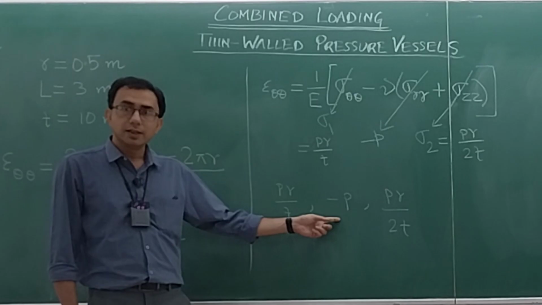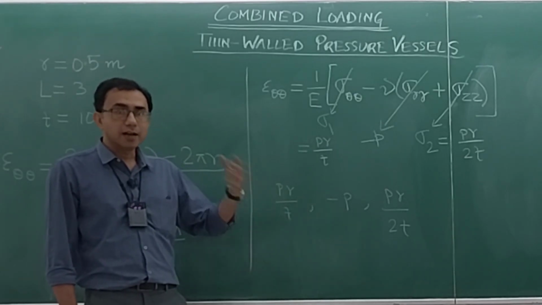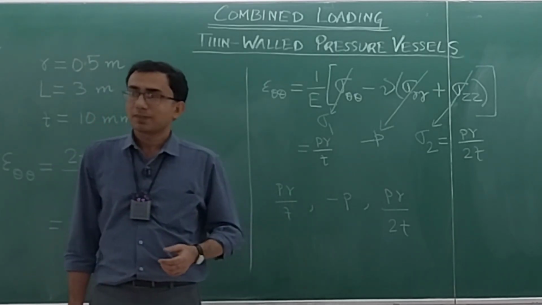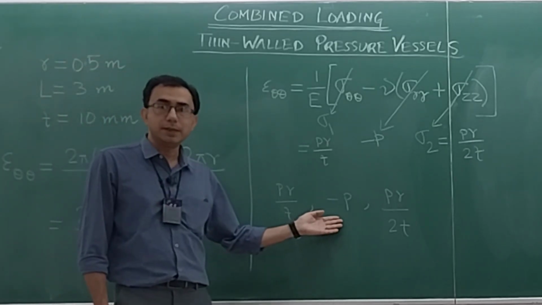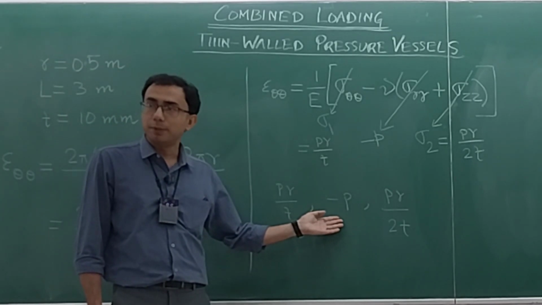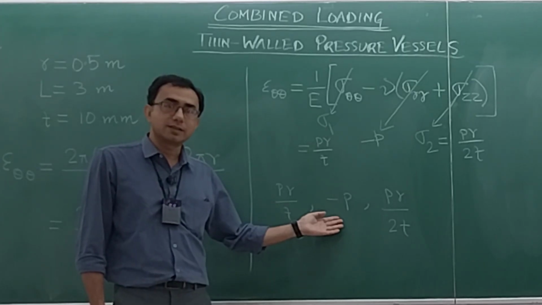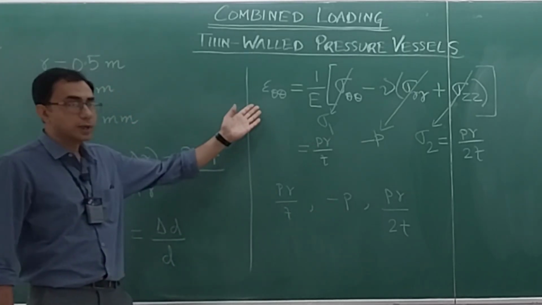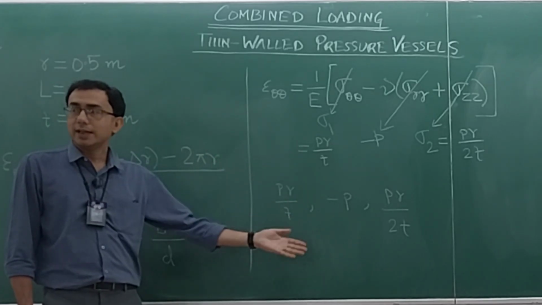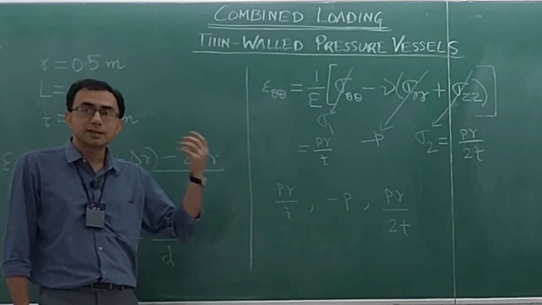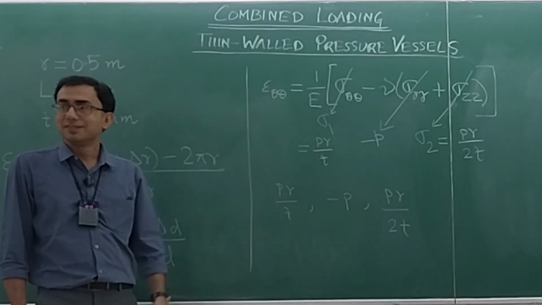Now you see what kind of unfairness there is. The whole game is being initiated by this poor P. If there was no P, there would not have been any stress. And when it is coming to the question of finding out the stress, we are dropping that P. Like the whole family is celebrating and the mother is being thrown out.